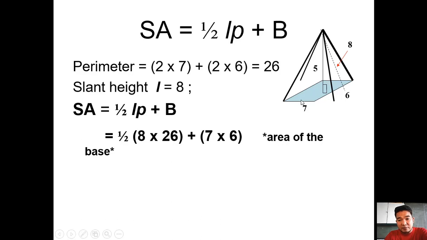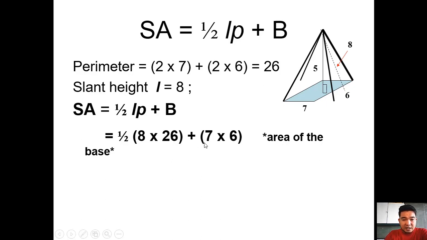Ayun yun, 2 times 7 because we have 2 sides na mayroong dalawang 7 na measurement. And then we have 2 sides na ang measurement ay 6. So 2 times 7 is 14, 2 times 6 is 12, 14 plus 12 is 26. Kinuha natin yung perimeter ng ating base, rectangle yon.